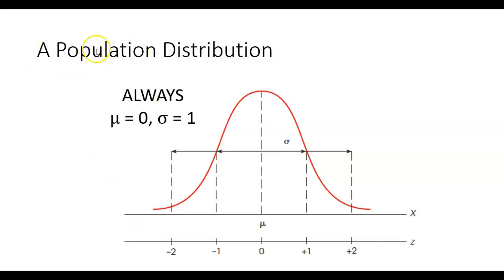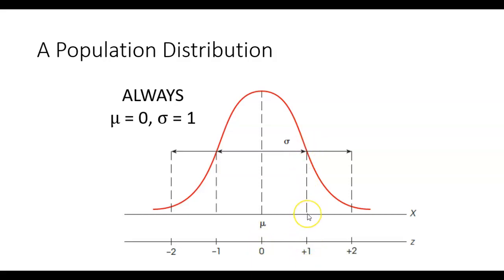Well, we know that in any normal distribution or population distribution, the mean of the scores is always equal to 0 with a standard deviation of 1. And so we can map that out here as we see here. So this represents some mean value. And then each of these is a deviation score, right?